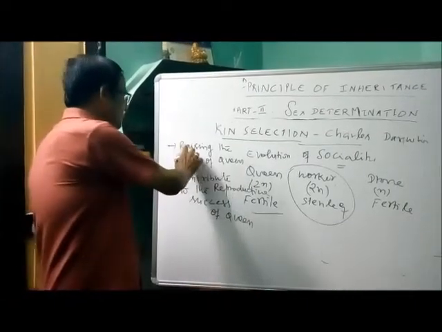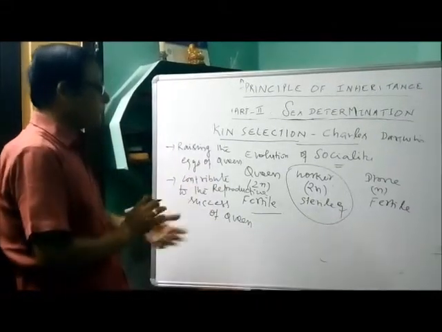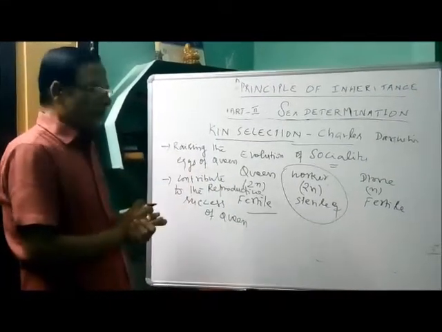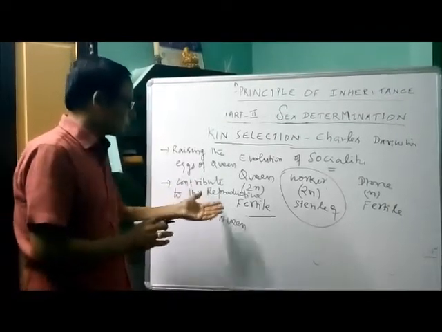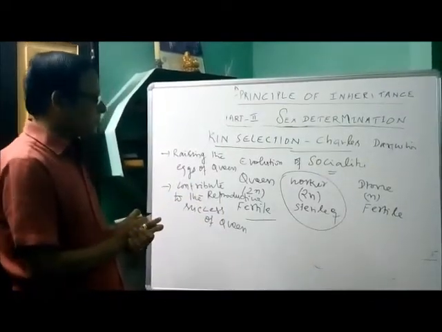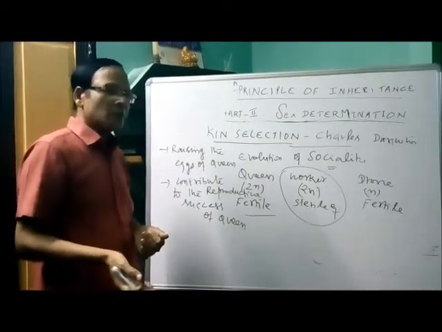So one organism favors the reproductive success of another organism, here the queen. So the sterile female worker favors the reproductive success of the queen, even at the expense of its own survival or reproduction.